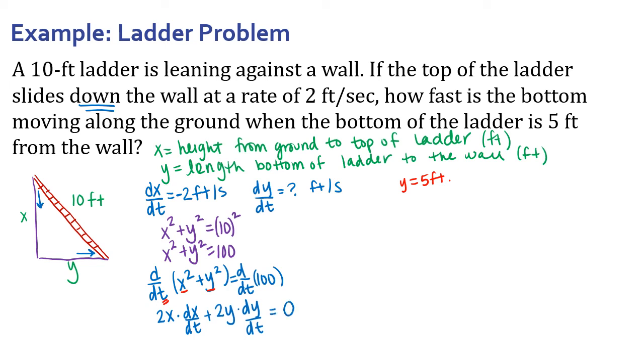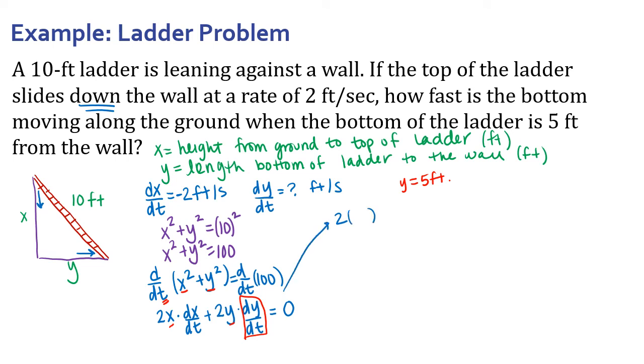So now what I have is a formula that has this dy/dt that I'm trying to solve for. However, it has other variables in there, so I need to be able to find values for each of these variables that I can plug in. So let's see, we know that the y value is 5, so that's great. So I'm going to just rewrite this up here.